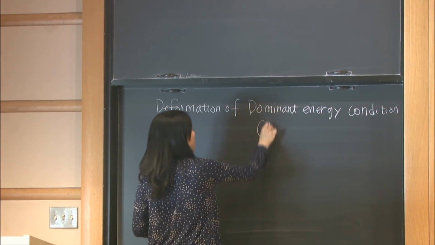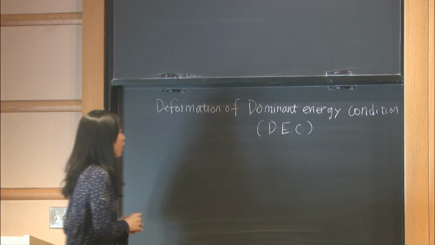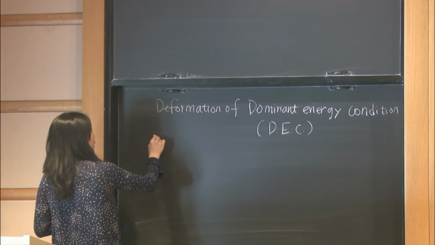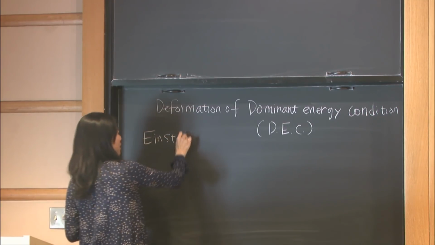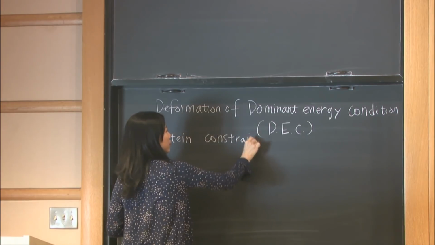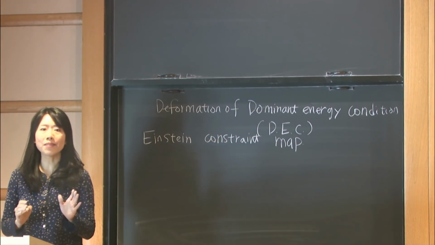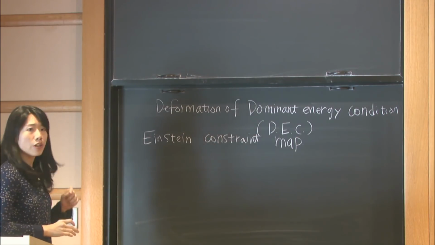I will abbreviate this dominant energy condition as DEC, since the name is too long to write every single time. This comes from the condition on the so-called Einstein constraint map. If you haven't seen that before, you can think of it as a generalization of the scalar curvature map, but it's tensor valued.